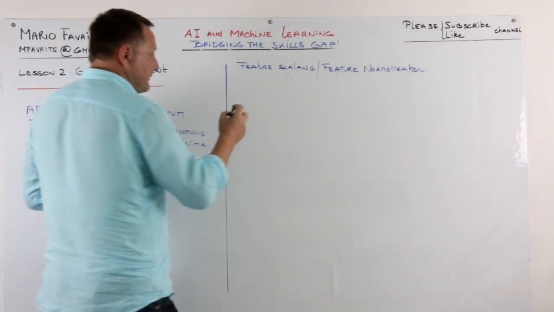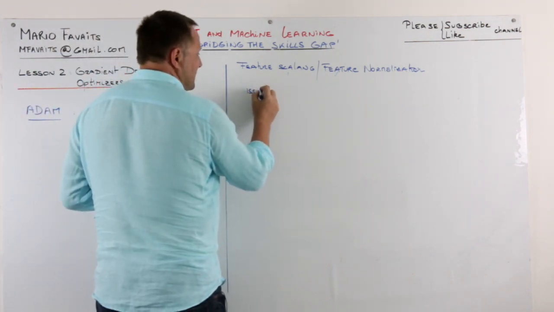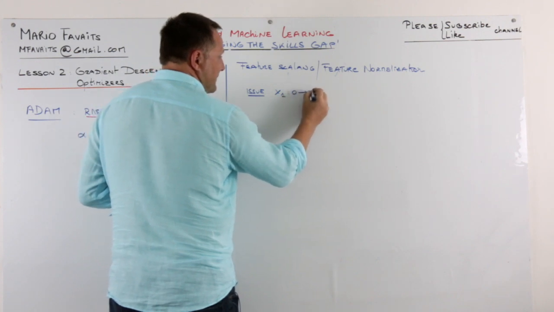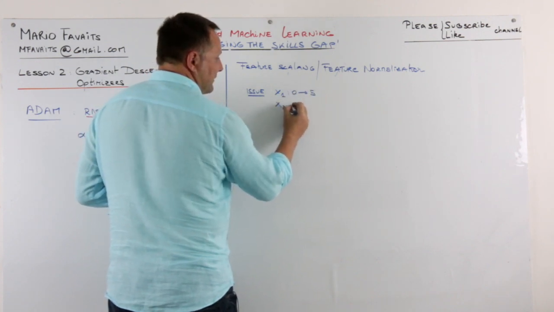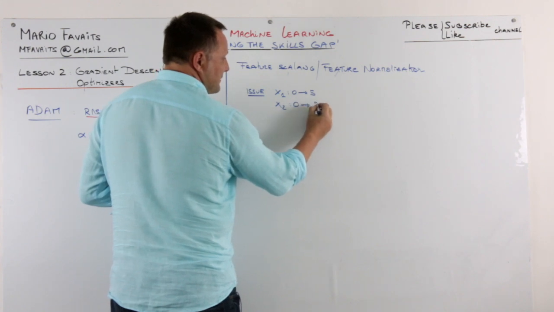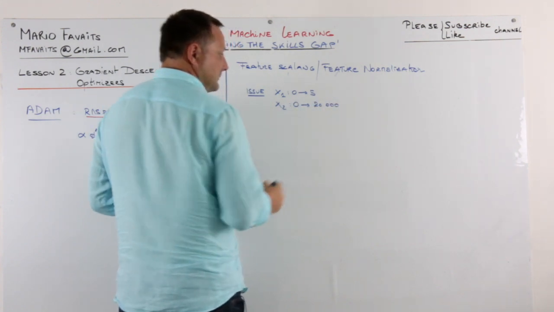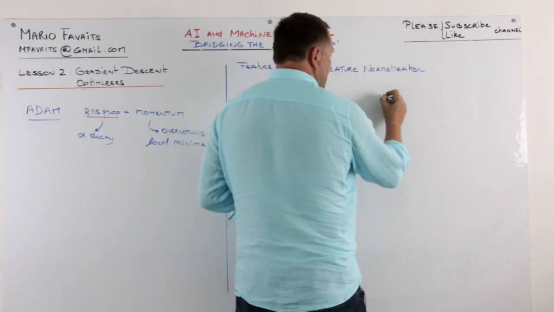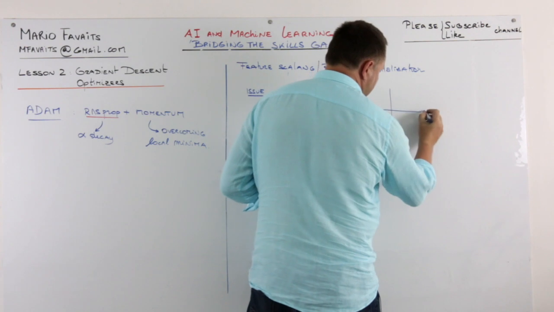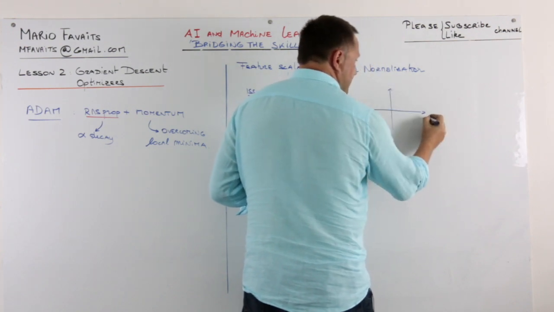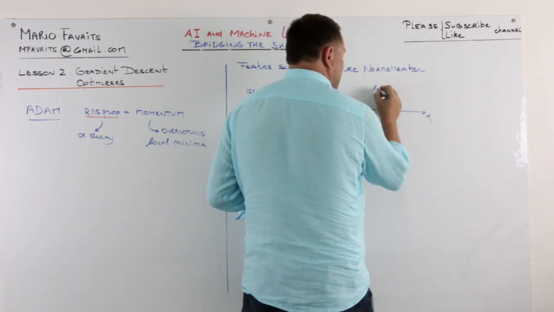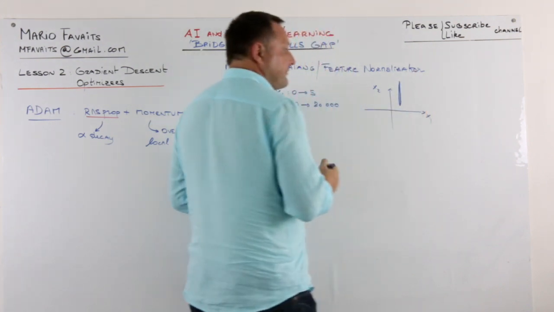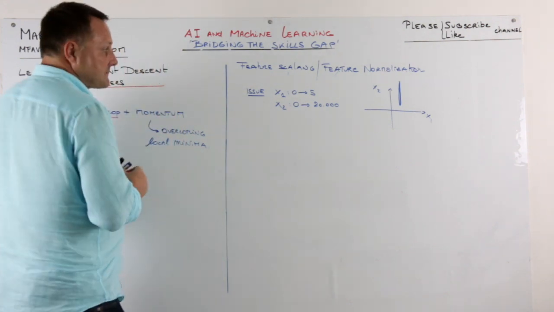You could have, for example, a situation where one of your features x1 ranges from 0 to 5 and your other feature x2 ranges from 0 to 20,000. It's an issue. If you draw this in a graph, with x1 and x2, you're going to have a very long and flattish type of situation.